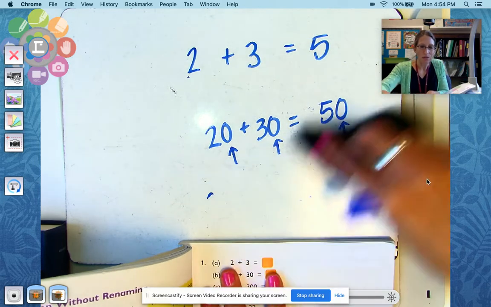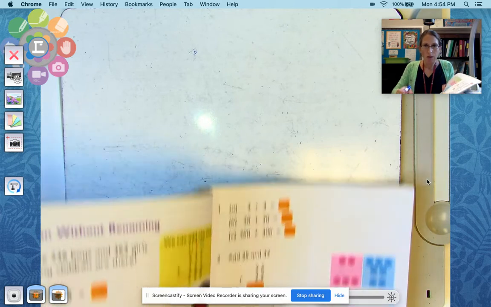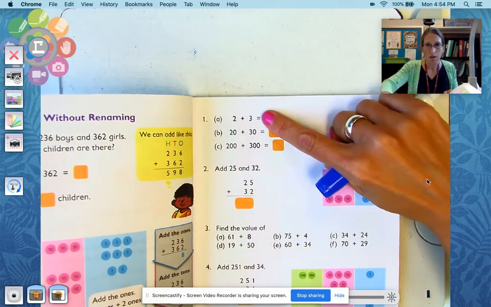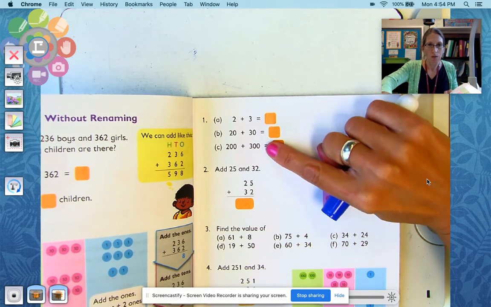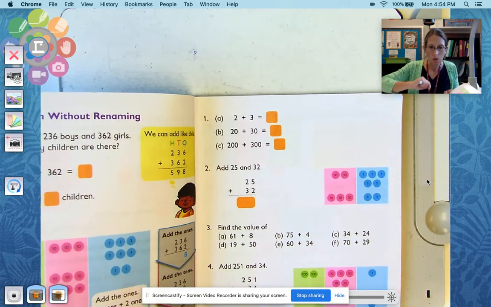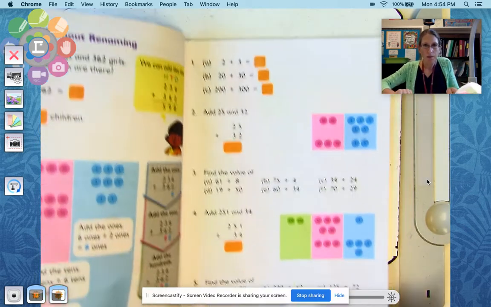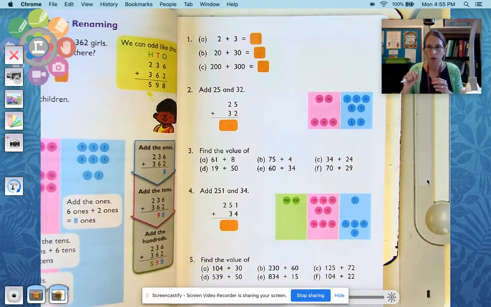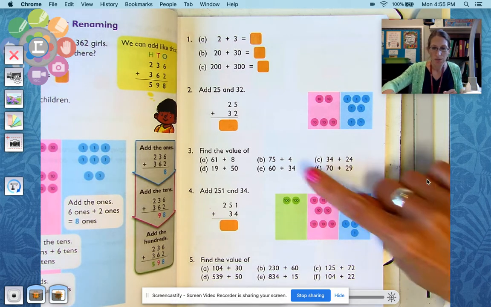All right, so that's kind of just a strategy to help us with remembering how we can use our ones facts to help us with tens and hundreds. Okay, so we have a little bit of practice here adding up our numbers using the vertical algorithm. This would be really good practice for you to do a few more of these just to practice.